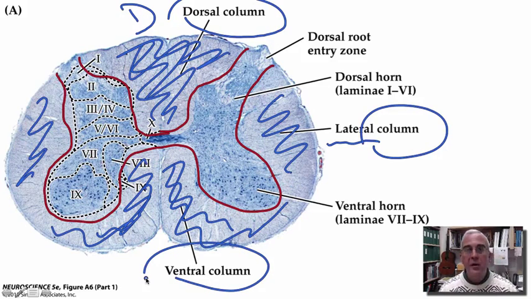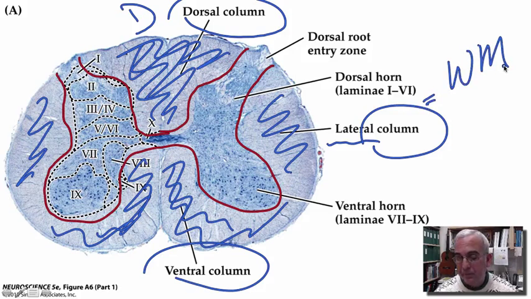So this word column appears repeatedly in our lexicon that we use to describe white matter in the spinal cord. So when you see the word column, think white matter. Now occasionally we apply the word column to talk about the organization of cell bodies, but I'll try to be very clear when that's the case. Otherwise, when you see the word column in your readings or in our discussions, think about white matter.